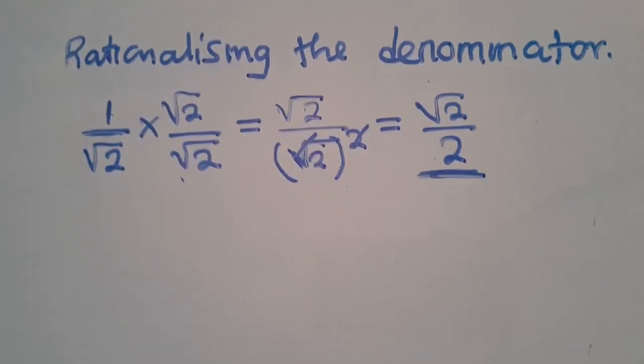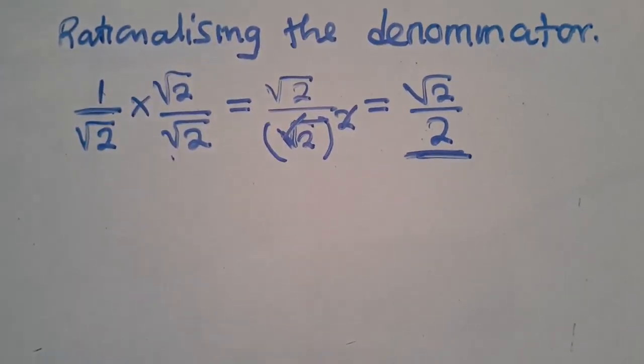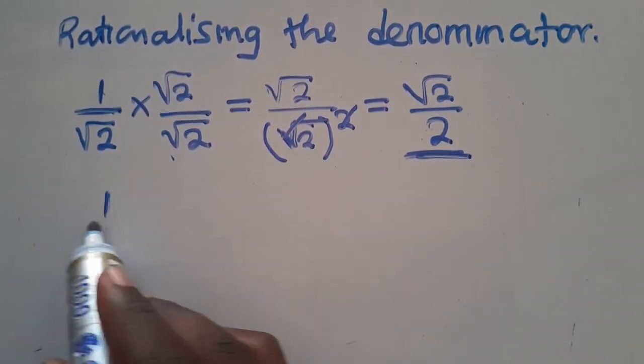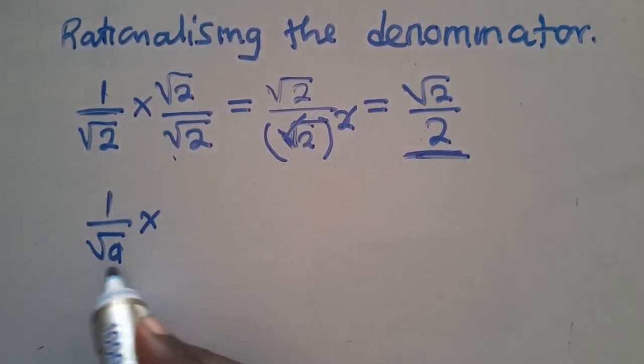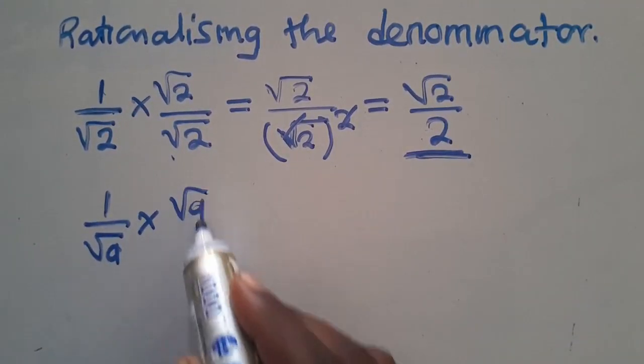These are the procedures that you need to get and understand. Whenever you've got 1 over root a and you want to rationalize the denominator, you multiply both sides by the thing which is down, root a.